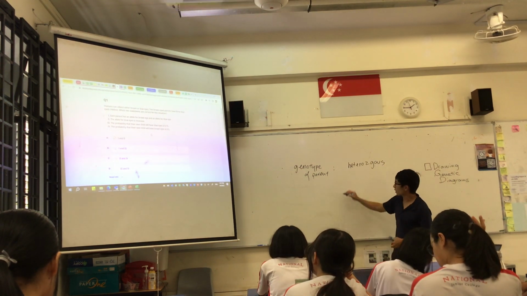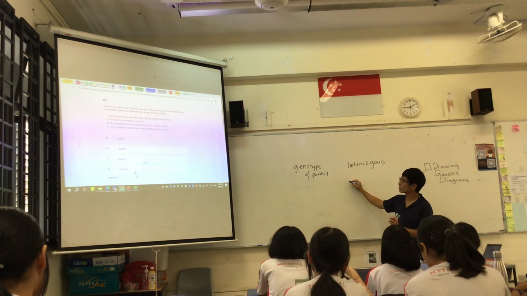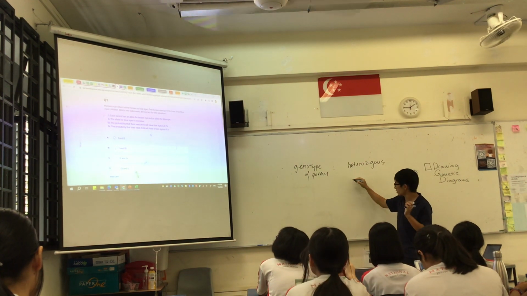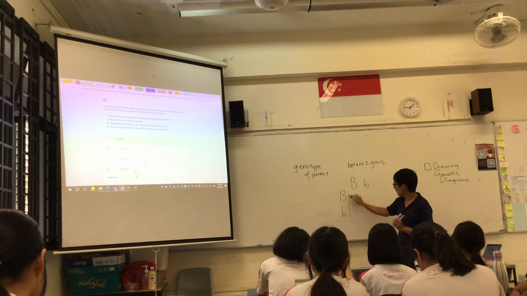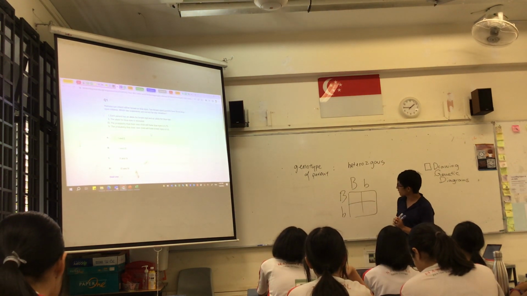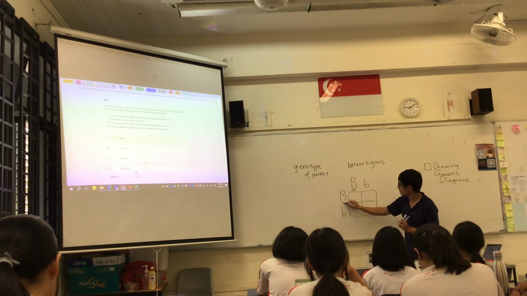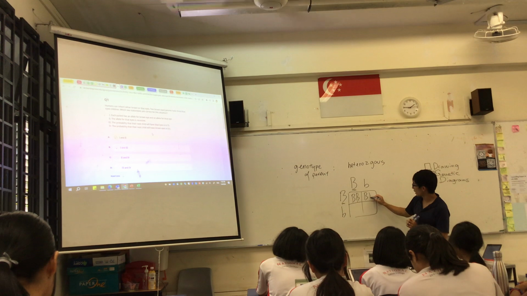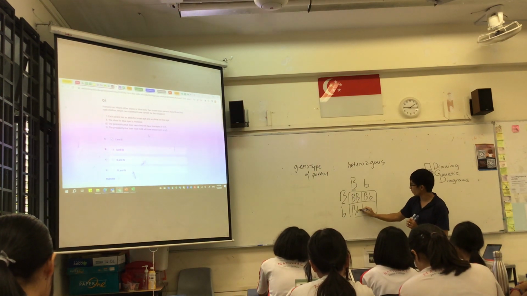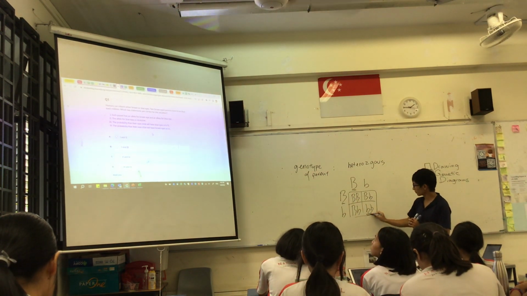Make sense? Let's say I use B and small b for brown and blue. If I draw a Punnett square, then it makes sense how someone who has brown eyes would have children that are brown eyed, as well as children with blue eyes.